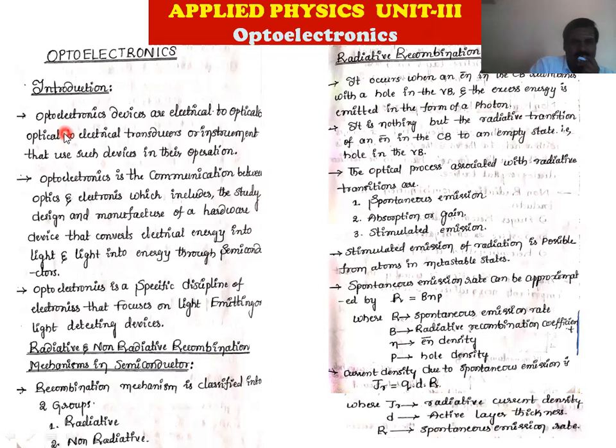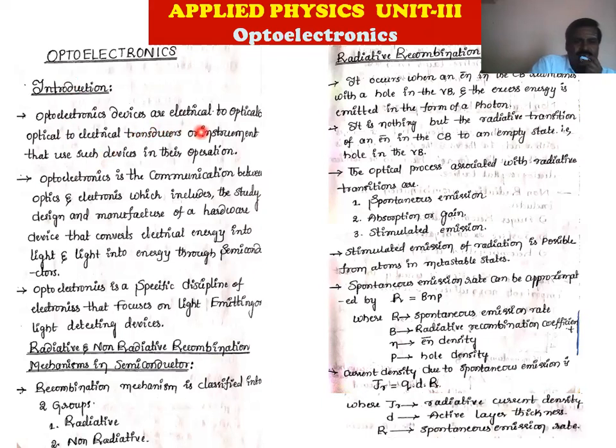Opto means light, electronics means electron mechanics. Optoelectronics is a branch of physics where we study light in electronics devices.